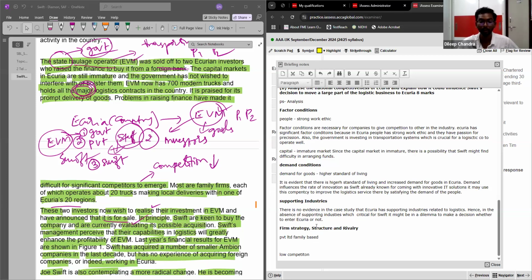So structure wise, there is compatibility, right? I can say that both EVM and Swift are private companies, so there is some compatibility here.